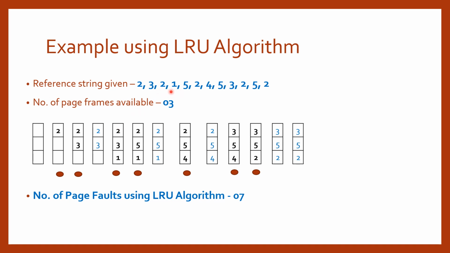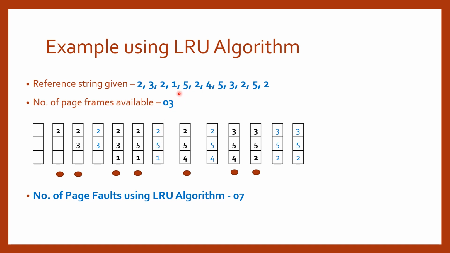So we will see 3 is at the end, so we will replace page number 3 and load 5 in place of 3, and we'll consider this a page fault. Again the request comes for 2, 2 is already there, so no page fault. Now for page number 4, we'll see for 2, 5 and 1.